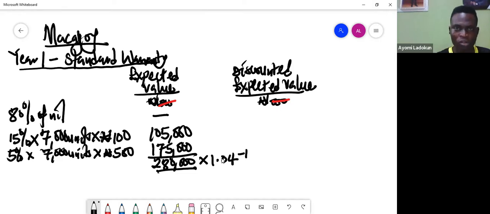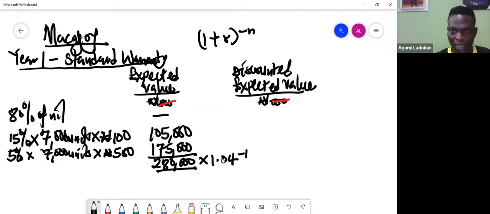If you want your discount factor to be 1 plus R, I think I've taught you that under impairment, raised to power minus N. Because we're in year 1, raised to power minus 1. I'll now multiply by 1.04 raised to power minus 1, so that I can discount to present value.